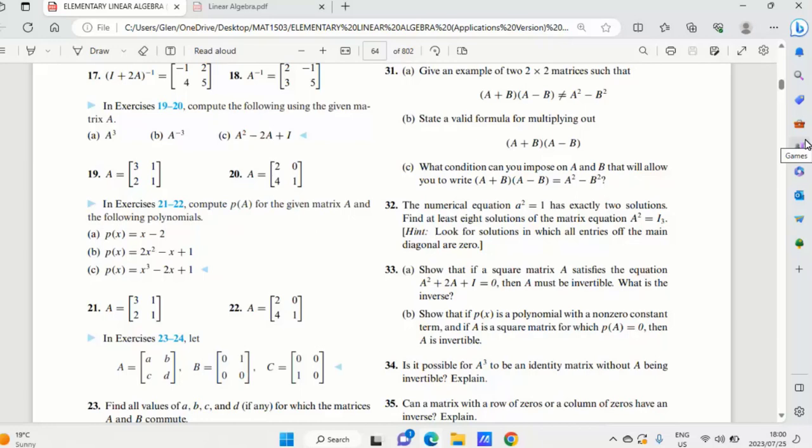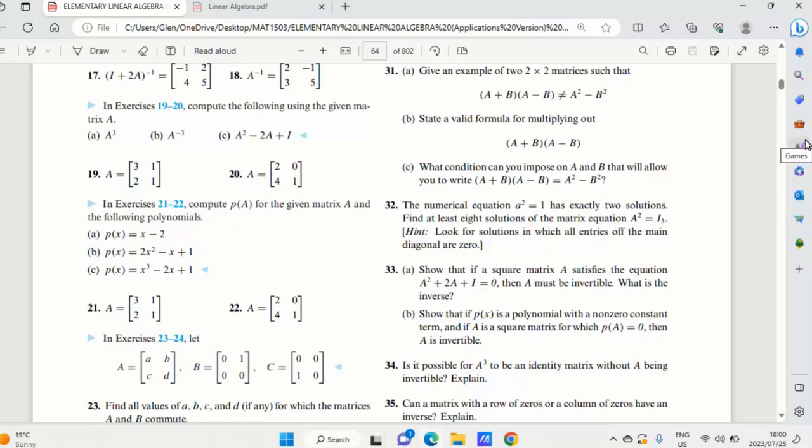So for now, my equation in matrix form is: first matrix is 8, 0, 28, 1, minus second matrix 4, 0, 8, 2, plus third matrix 1, 0, 0, 1.